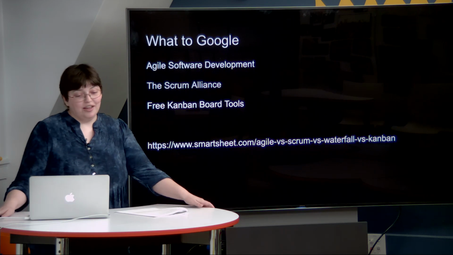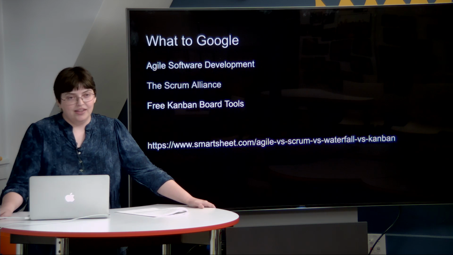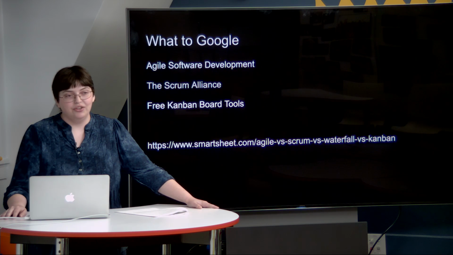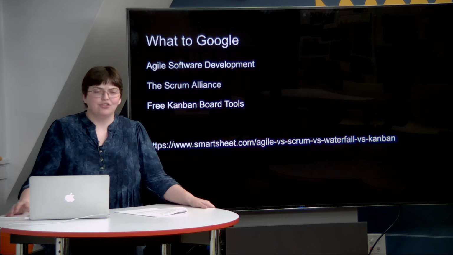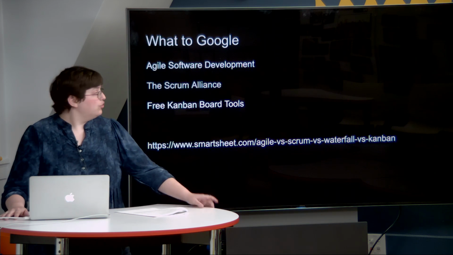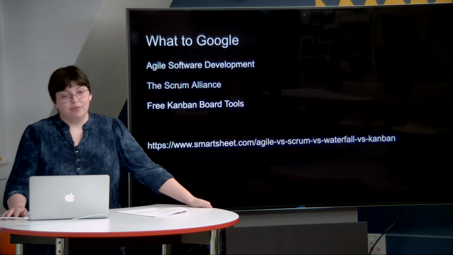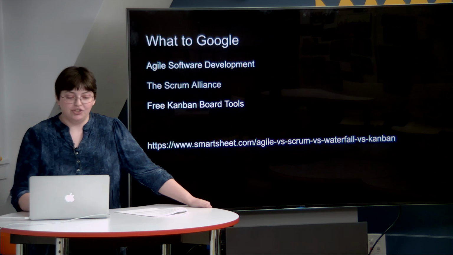Here are some things you might think about Googling. Agile software development in general is a great thing to look into. There are other subsets of agile that I haven't mentioned, things like extreme programming. The Scrum Alliance is one of the better official sites to go to for information on Scrum.